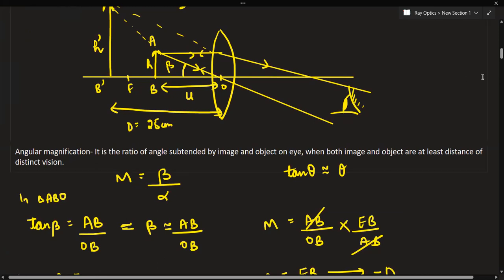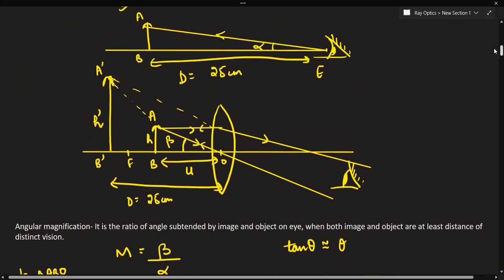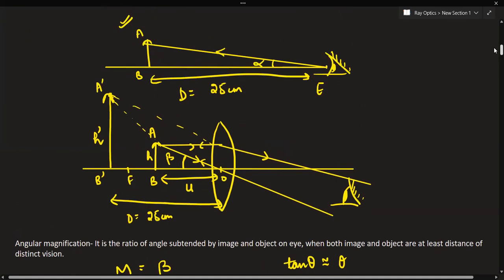And magnification is beta divided by alpha. It is the ratio of angles subtended by image and object on the eye when both image and object are at the least distance of distinct vision. From here you can see, the object is kept at the least distance of distinct vision, at 25 centimeters, so this angle becomes alpha.